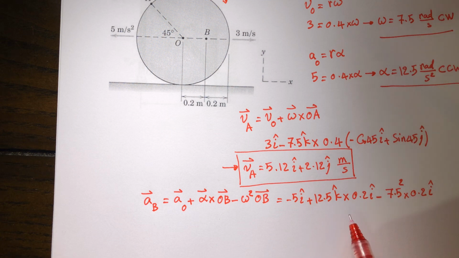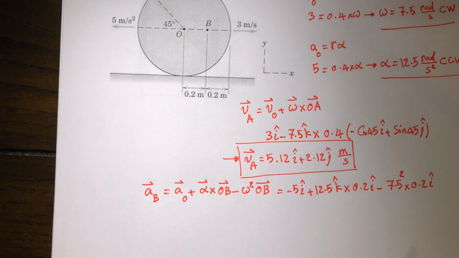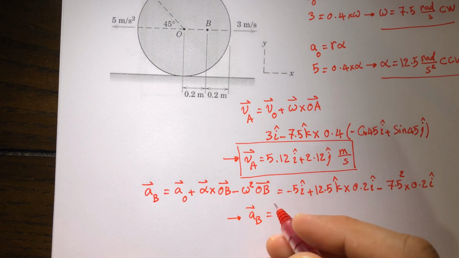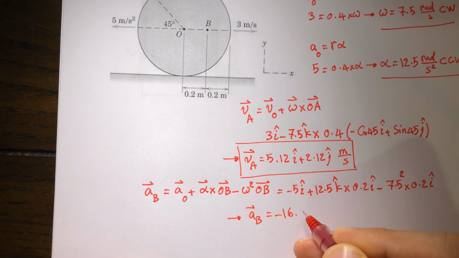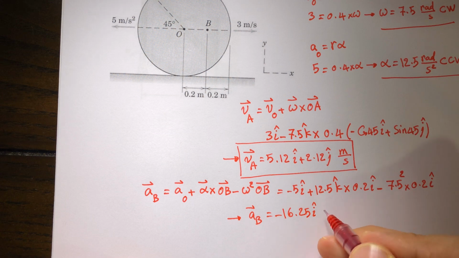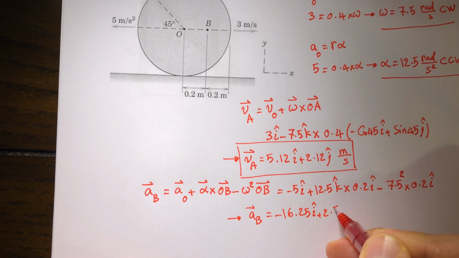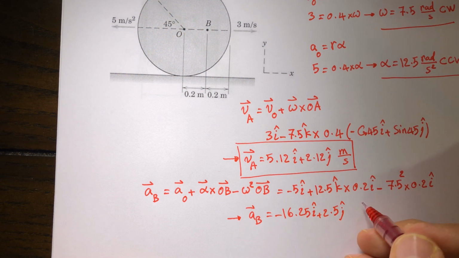We have a simple cross product here. K cross I is J, so by replacing that with J and adding everything together, acceleration of B will be equal to negative 16.25 in the I direction plus 2.5 in the J direction meter per second square.